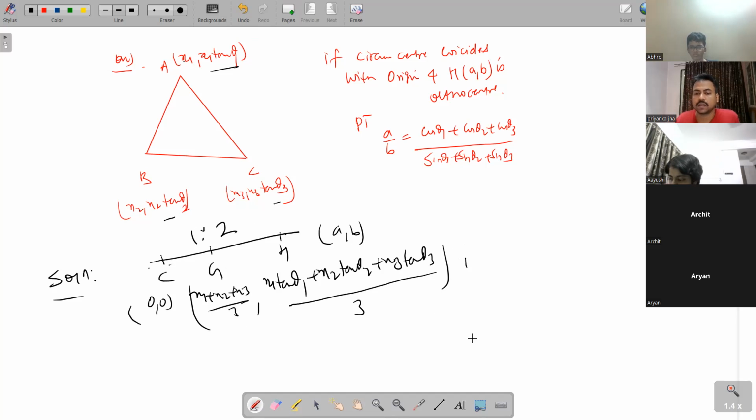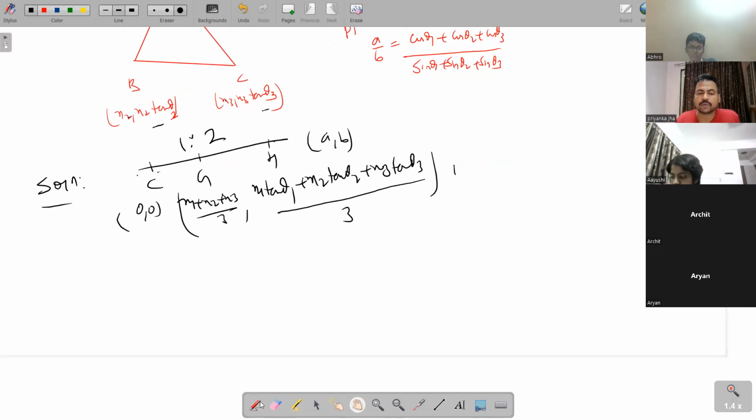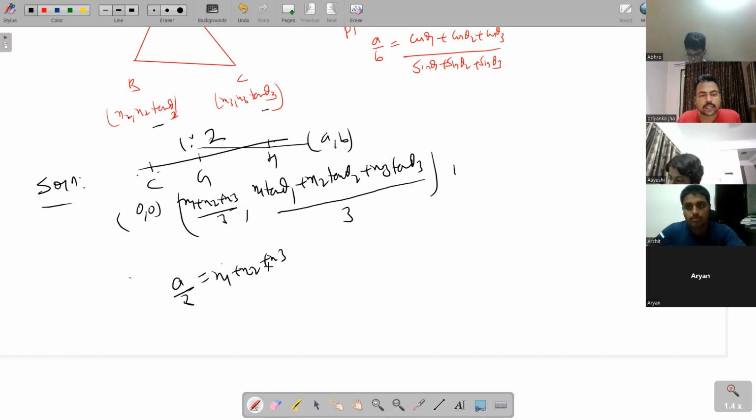है कि नहीं है? So just apply the concept of section formula. So centroid divides internally. So how do you find? 1 into A plus 2 into 0 gone. So A only, by 1 plus 2, 3, that is equal to (x1 plus x2 plus x3) by 3, and 1 into B plus 2 into 0 upon 3 again, that is equal to this.